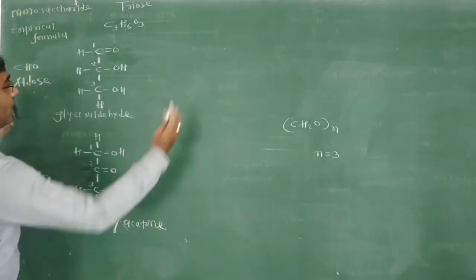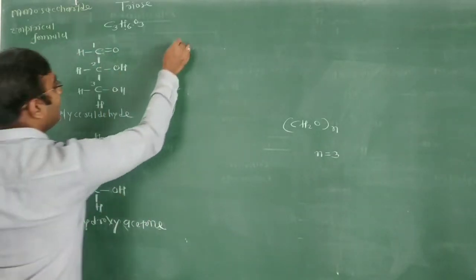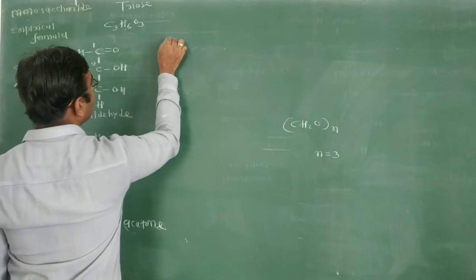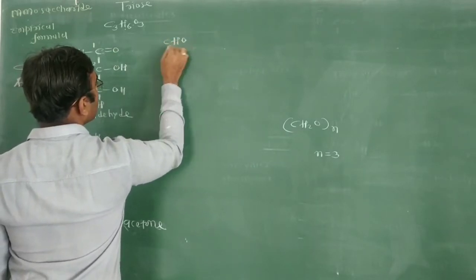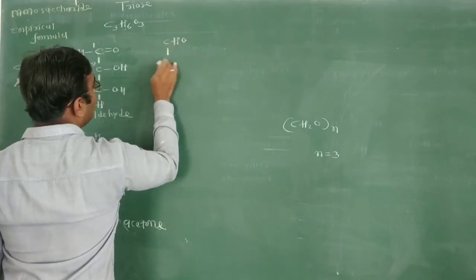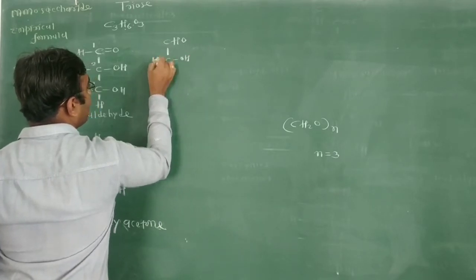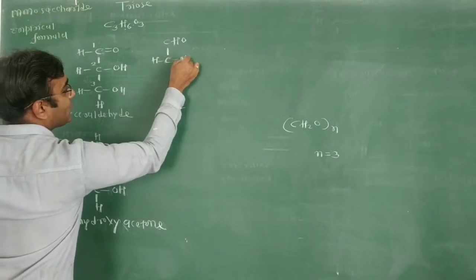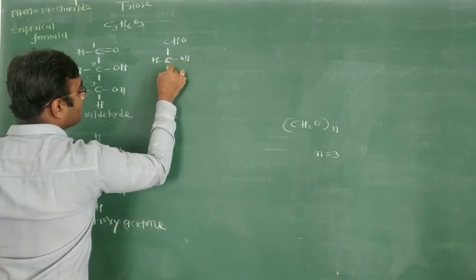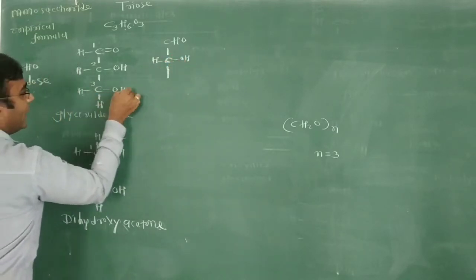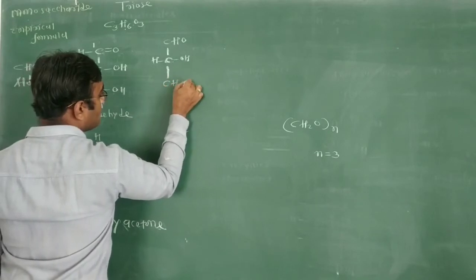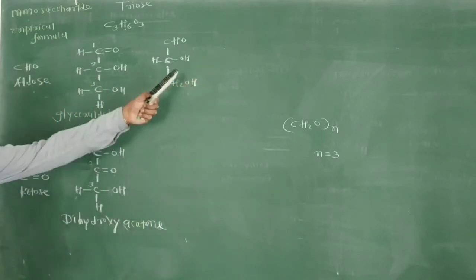The same chemical can be written compactly this way: CHO directly, then CHOH, then CH2OH. So this is glyceraldehyde.